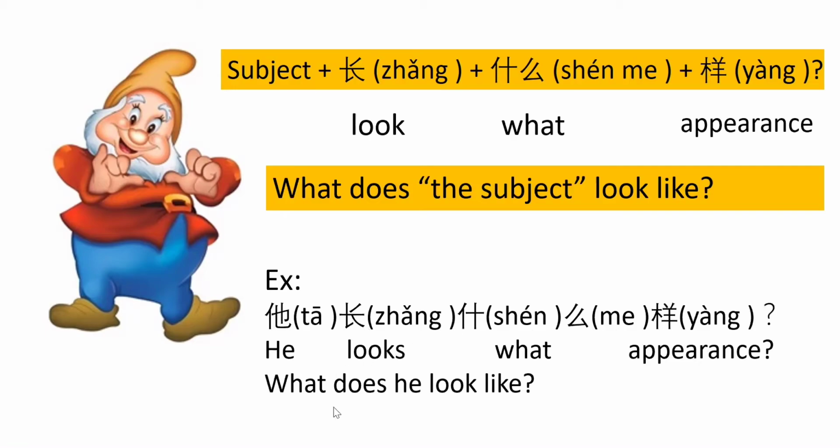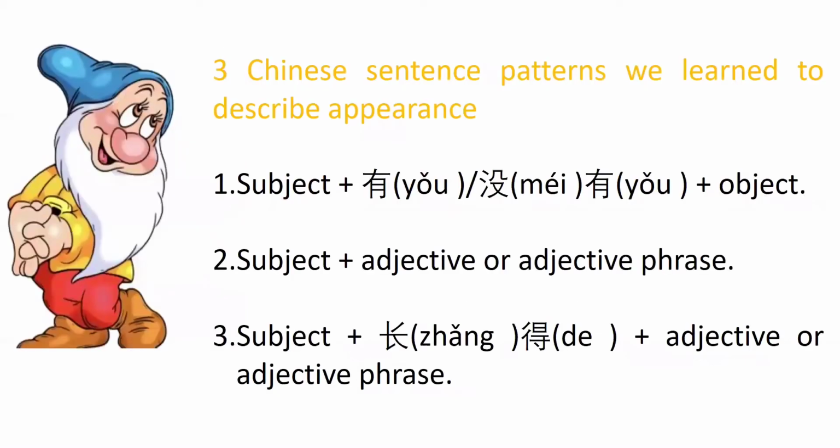So in English, the authentic translation is: what does he look like? Because he is the subject you want to talk about. Is this a little bit clearer? We will look at more specific examples in the following. So first, we need to look at the 3 Chinese sentence patterns we learned to describe appearance.